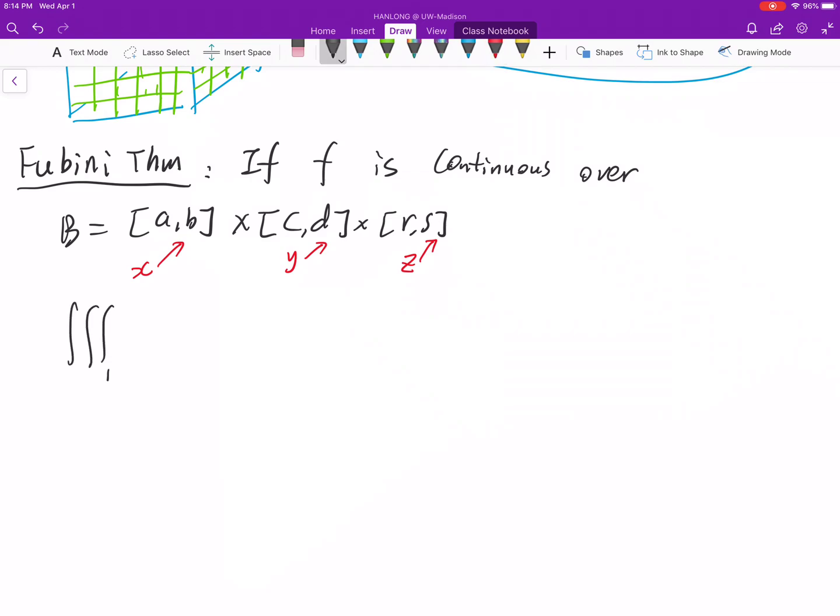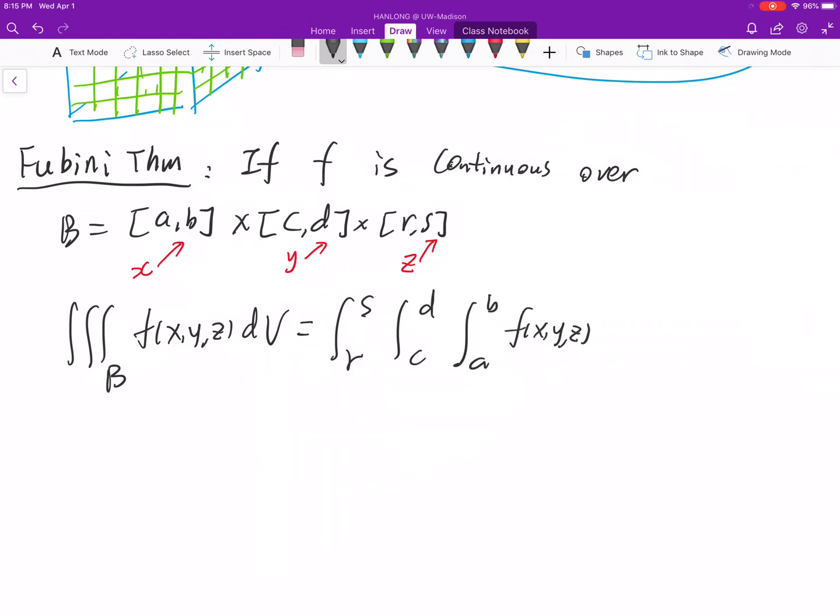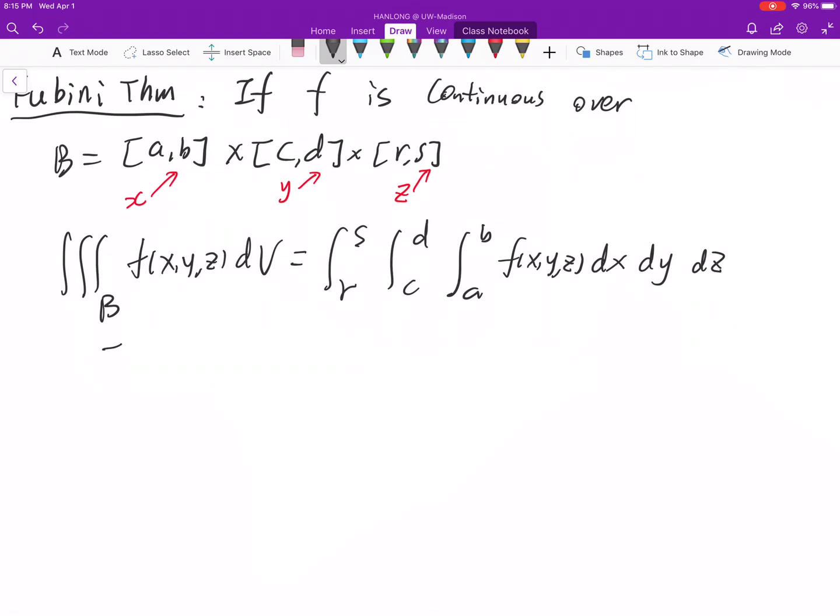And then the triple integral of f over B can be computed as follows. You first integrate in x, then integrate in y, then integrate in z. But of course, you can change the order. For example, in this form, we first integrate with respect to x, then with respect to z, then with respect to y.